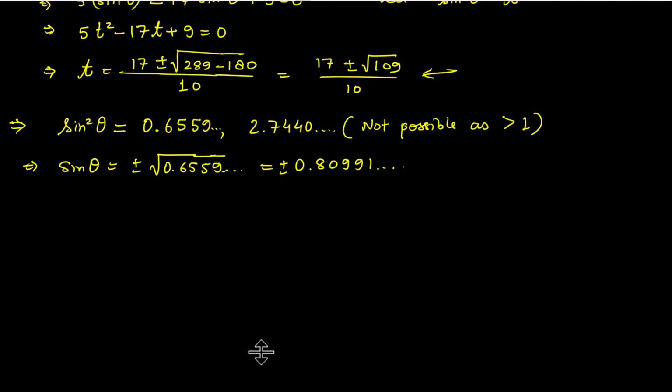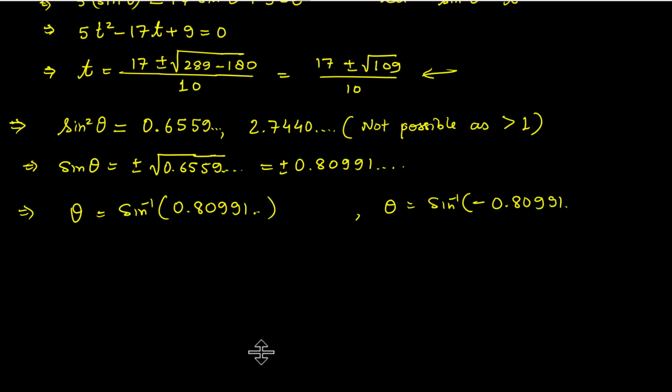So from here I can get theta directly by taking arc sine of it. So it is sine inverse of 0.80991 and so on, or theta equals arc sine, which is sine inverse, of negative 0.80991 and so on.